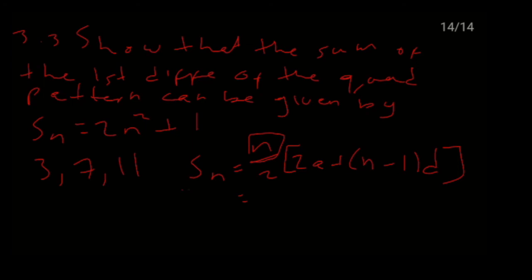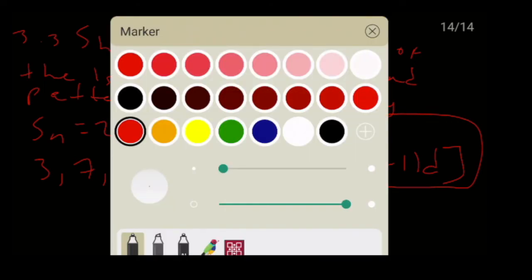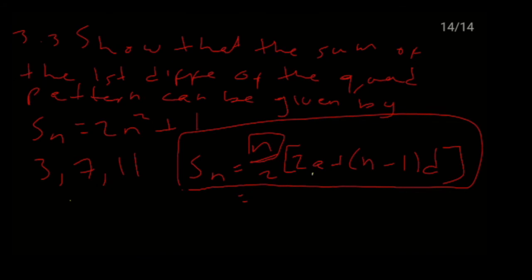Alright, remember our quadratic equation. If you're looking for the sum, it's given by this, right? Now we need to determine what our a is in the first difference. That's the key, first difference, right? And then we need to determine what our common difference is.